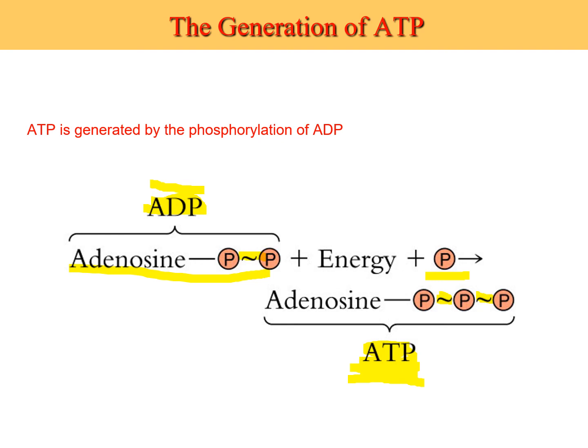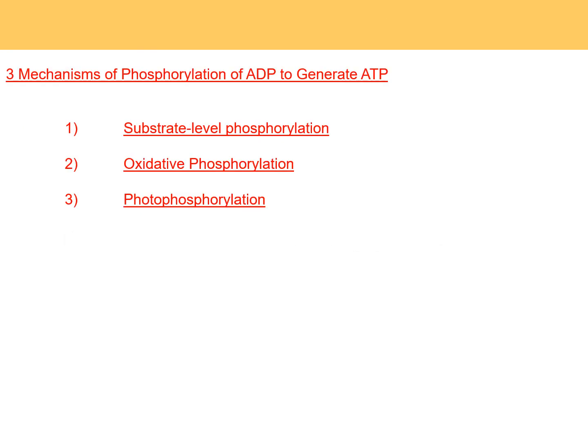There are a number of ways that cells can form ATP. There are a number of general types of overall processes that the cells can use to generate ATP. They include these: substrate level phosphorylation, oxidative phosphorylation, and photophosphorylation.